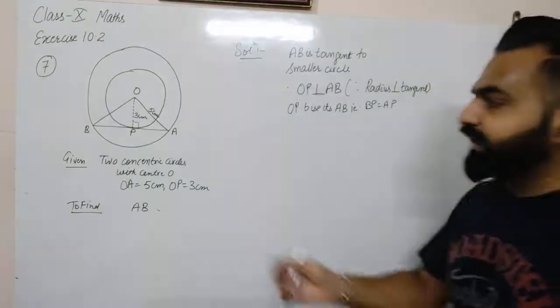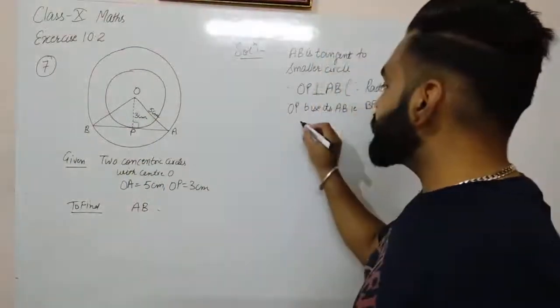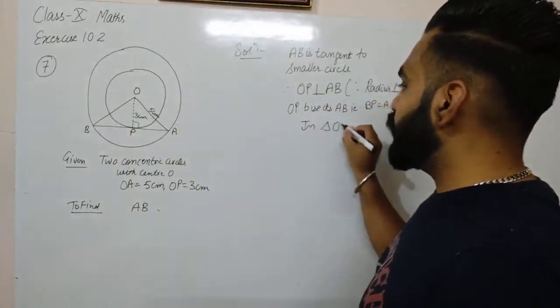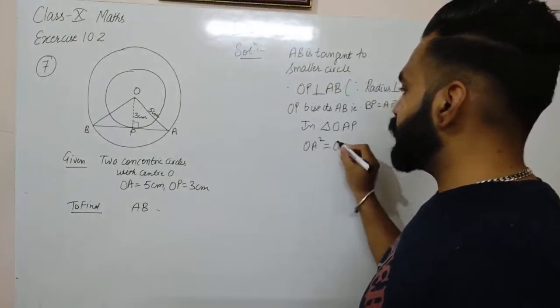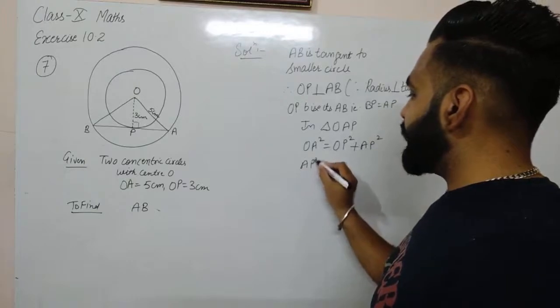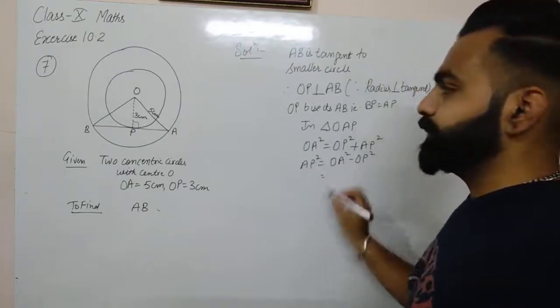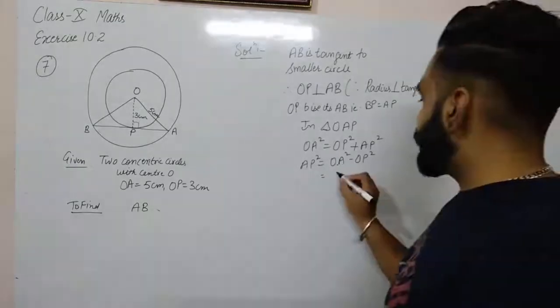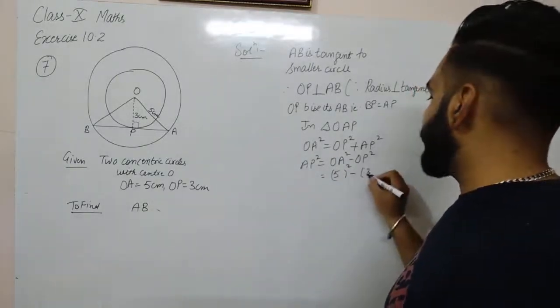So we can find this part AP or BP from either of the two triangles. So in triangle OAP, OA square is equal to OP square plus AP square. So from here AP square will be equal to OA square minus OP square. OA is 5, so 5 square minus OP is 3.